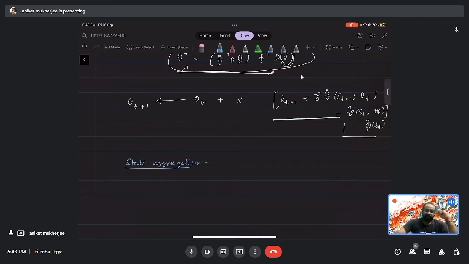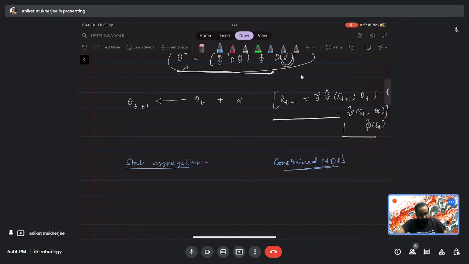But there is another field of RL where you don't want it to run simulations. You directly want to implement it in the real world, directly with some constraints. There is a whole field going on, known as constrained MDPs. You can maybe check it out.